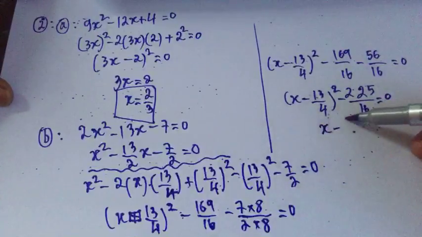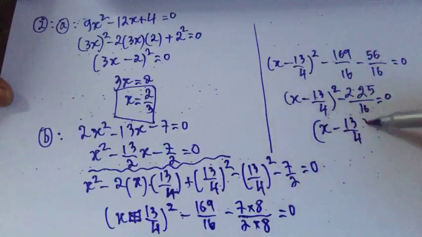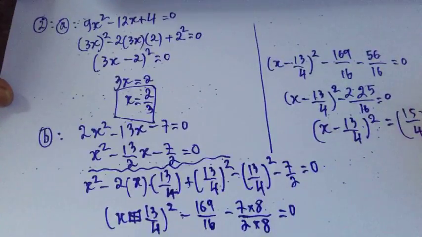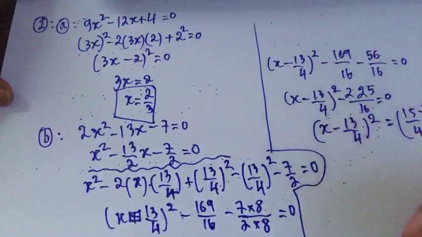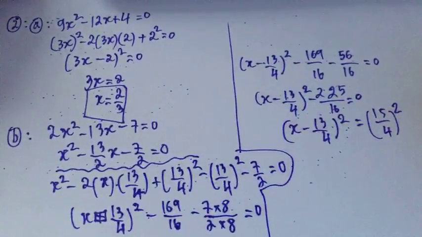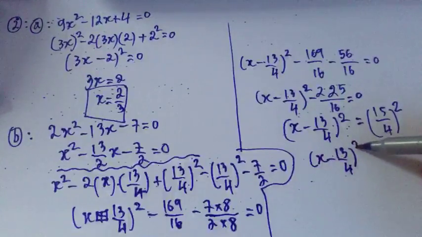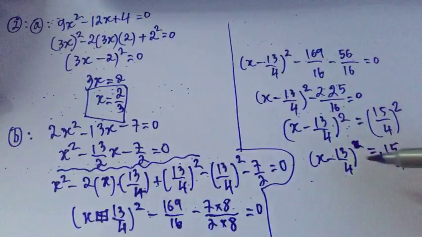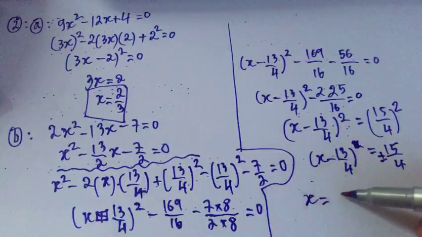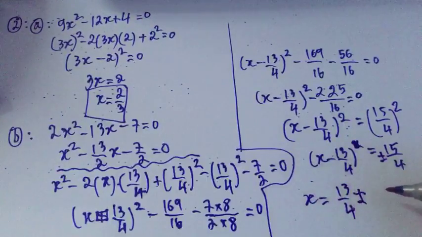And then x minus 13 divided by 4 squared equal to 15 divided by 4 squared. So x equal to 13 divided by 4 plus or minus 15 divided by 4.